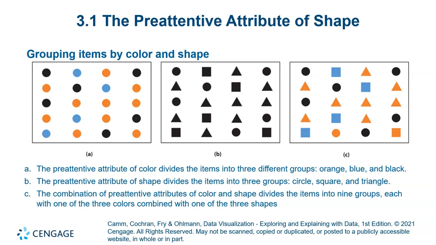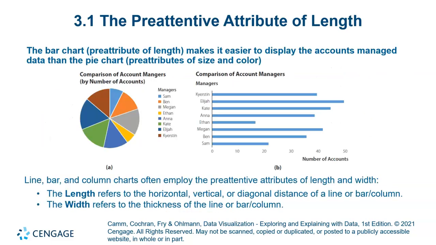Shapes: people group things when they are different shapes, with respect to color and with respect to shape. Humans find it easier to recognize length than angle. So a pie chart has an angle, while the bar chart has the length attribute.